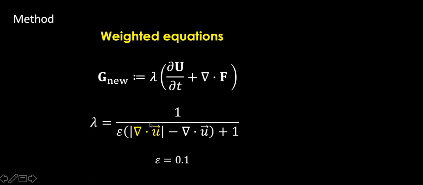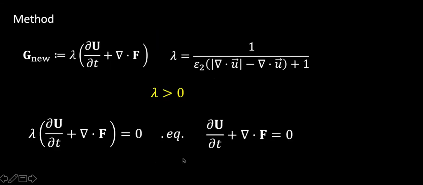When the region is compressed, lambda will rise, and in expanding regions lambda is always close to 1. Here epsilon takes the value 0.1 and is not very sensitive. Another good property of the weight is that it is definite.